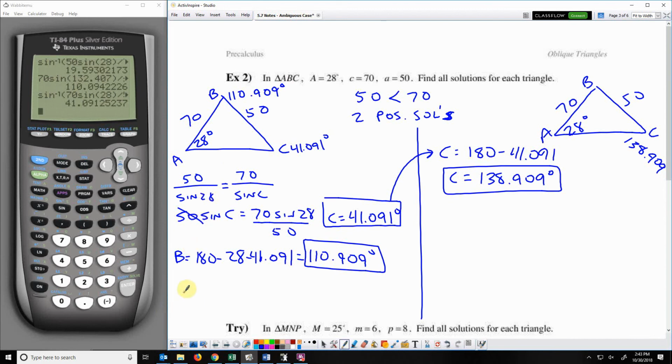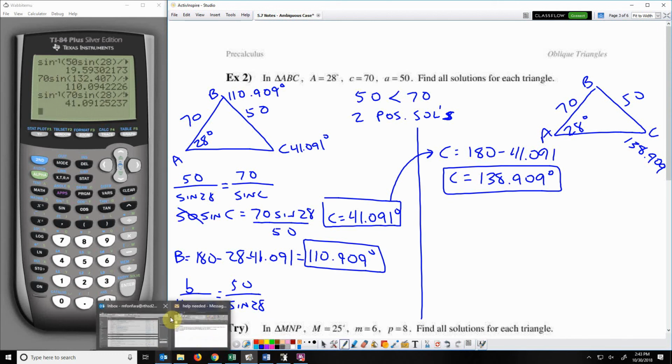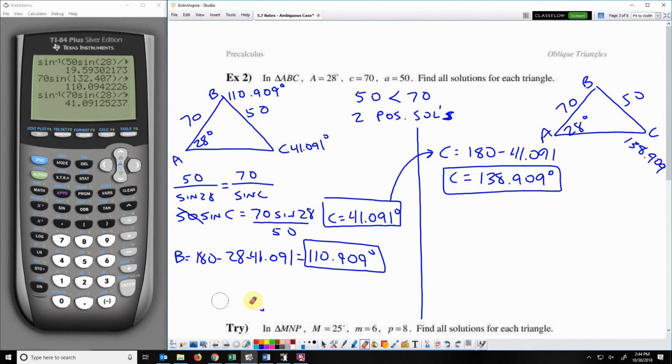Then for side B, B over sine 110.909 equals 50 over sine 28. Okay, so this should actually say sine 110.909. So let me erase that and start that over. So that's B over sine 110.909 equals 50 over sine 28.